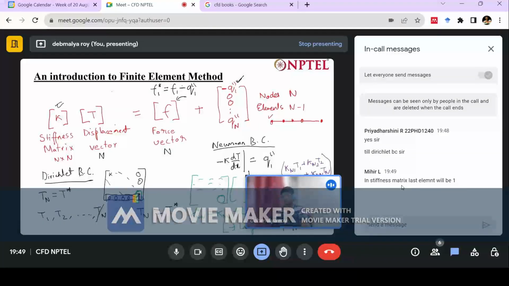Okay, all right. So we were discussing the boundary conditions. Okay, I will discuss the Dirichlet part again. The Neumann was all right, right? Neumann was audible.